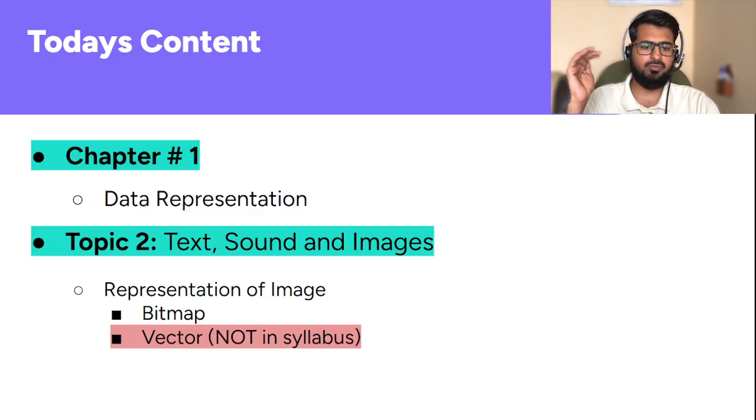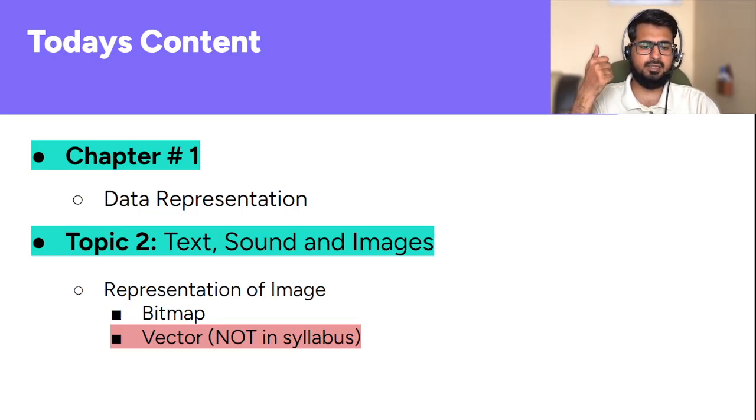These are editable files, but when we export them into JPG or PNG format, they are converted into bitmap images. The vector images are not part of your syllabus. I'm just giving you an idea so you will have a real-life understanding about images.